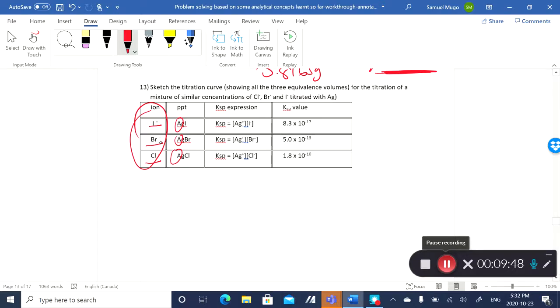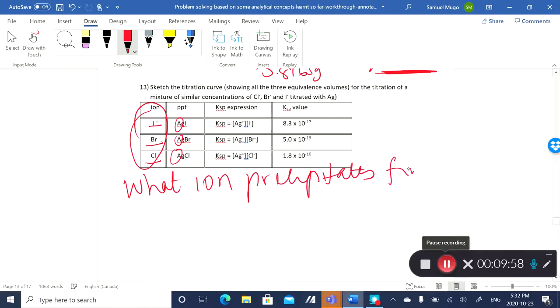So the key thing here is to remember what we talked about previously. What ion precipitates first? And remember, the ion that precipitates first would be the one that has got the least molar solubility.